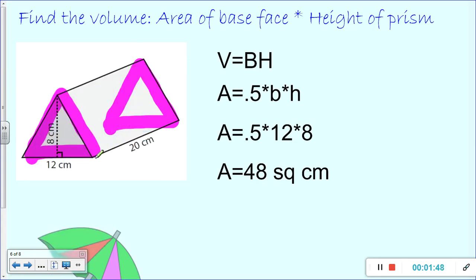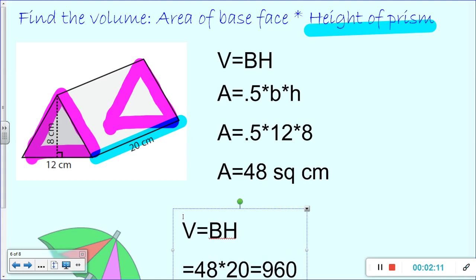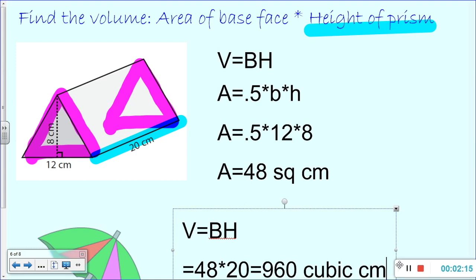I am now considering this distance right here that I just highlighted in blue for the height of my prism. So that means I have to take the 48 square centimeters that I had and multiply it by the 20 centimeters. When I do that, I get 960, and again, cubic centimeters.